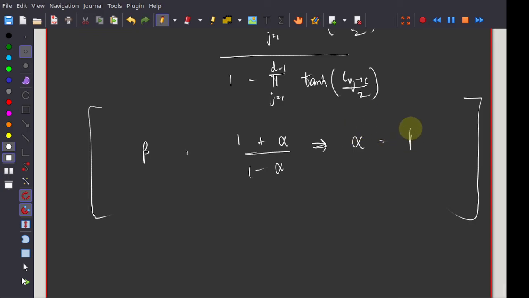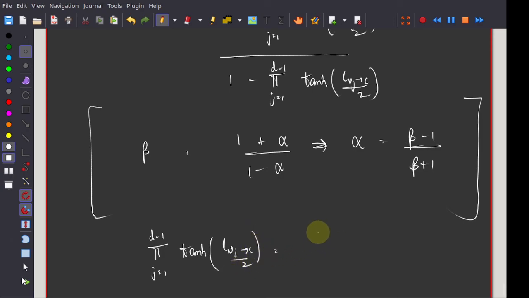Correct. So it is (beta minus 1) divided by (beta plus 1). Okay, so now our alpha is basically the product over j equal to 1 to d minus 1 of tanh of L over 2.